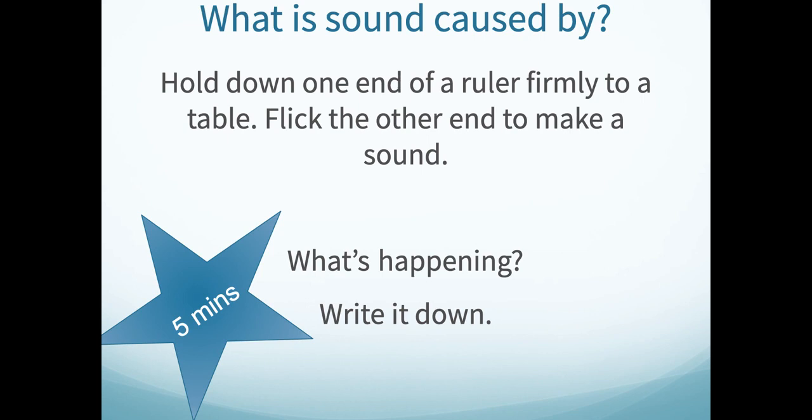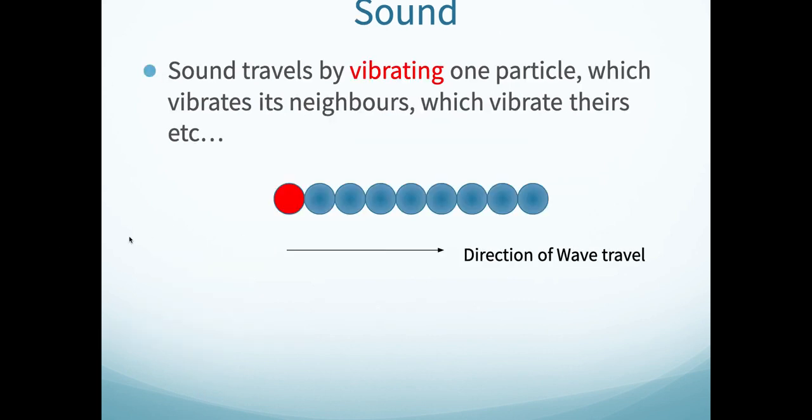So, having done that, hopefully you'll have said something like the end of the ruler that you flicked vibrated and you heard a sound. So you had something vibrating, and that vibration made a sound which you heard. And that's what happens with sound.